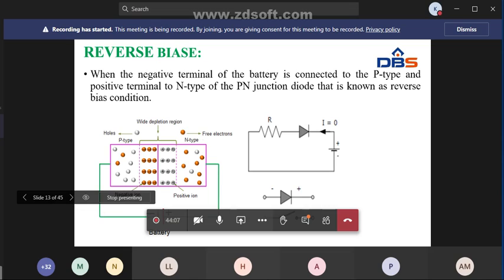So that's why there is no flow of current in the reverse bias, because these charge carriers are moving in this direction and these charge carriers are moving in this direction. So there is no flow of charge carriers across the junction.